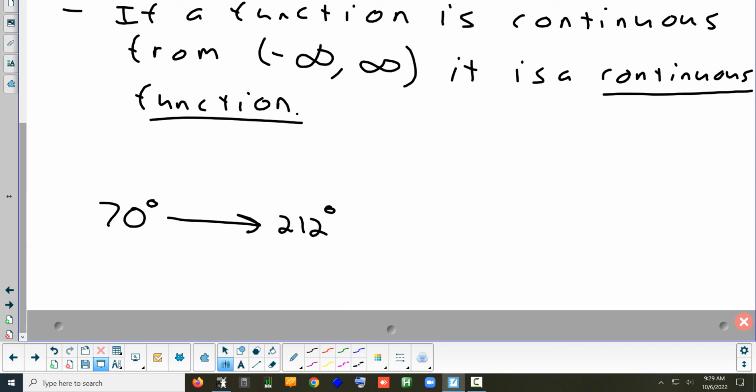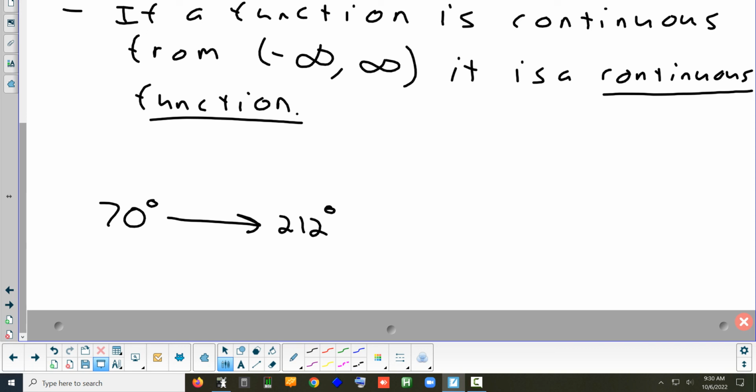What about 70.3? Yeah? There's an infinite number of temperatures between those two temperatures. There's an infinite number of temperatures between 70 and 71. Infinitely many. So as you heat water from 70 to 212, that's called a continuous process. And you will go through every single possible temperature between the two.